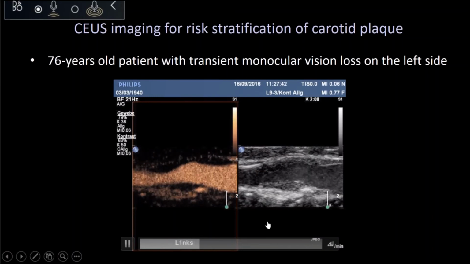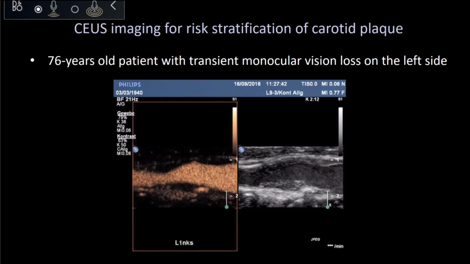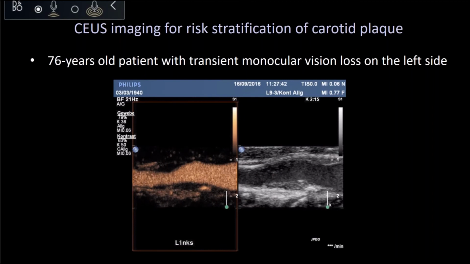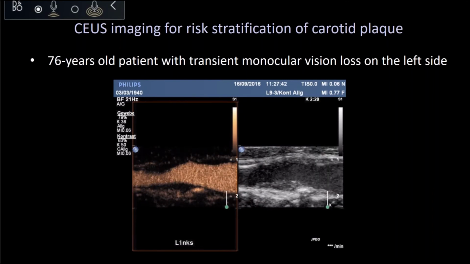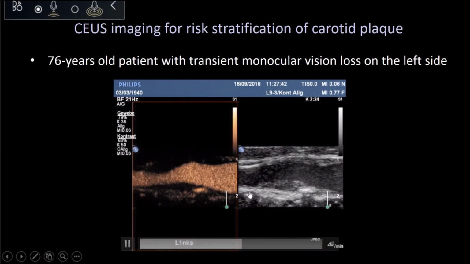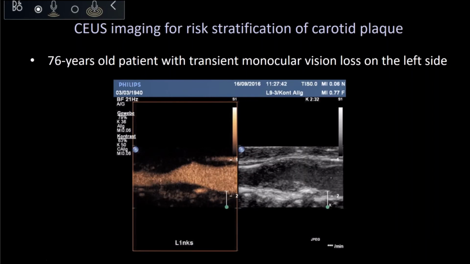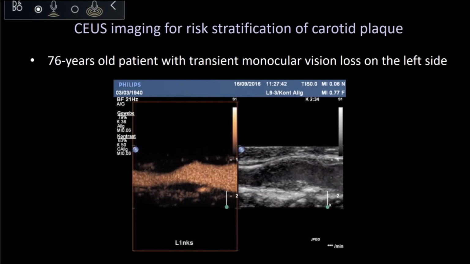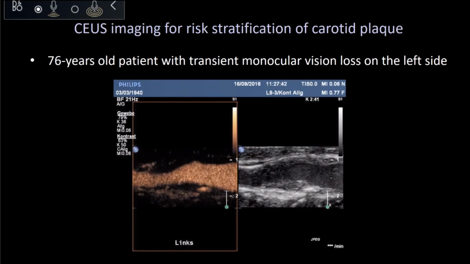So you can use this technique to see if maybe this is the lesion that is a vulnerable plaque, and to treat it accordingly. You can maybe decide to increase medical therapy, and you see here by using the flash that all these little vessels disappear, so that you are sure they are not artifacts, that they are really contrast-enhanced microbubbles within the plaque.